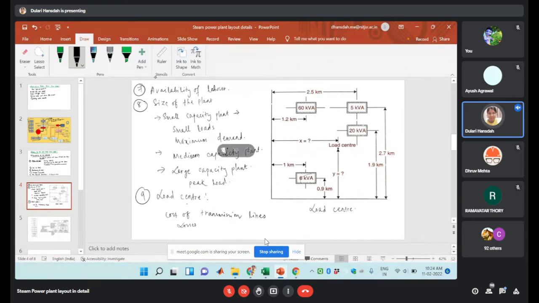Due to the long supply of the electricity, there will be losses, so that can also be reduced. So we have to locate the power station in such a way that it should be near to the load center. These are arbitrarily chosen, the CG has been chosen, and as per that, the load centers are given. So that should be near to the power station to minimize the cost of the transmission lines and to minimize the losses. Okay, so there are other things also.